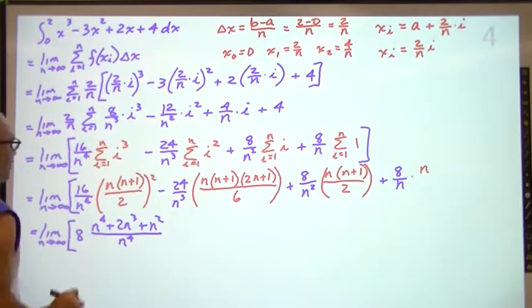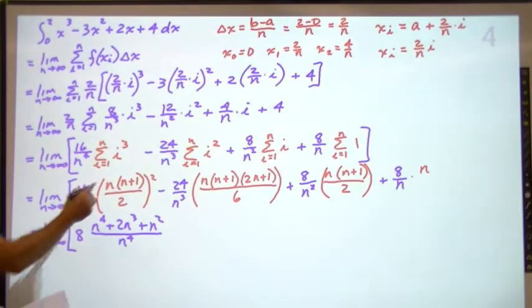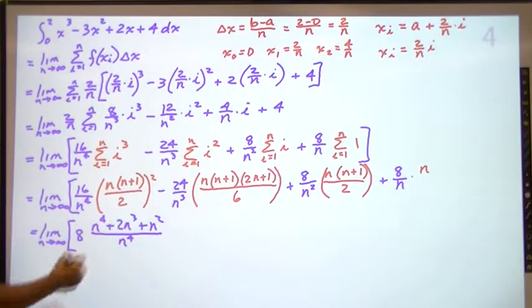There's my n to the fourth on the bottom. So all I did was distribute all that, and I got that.